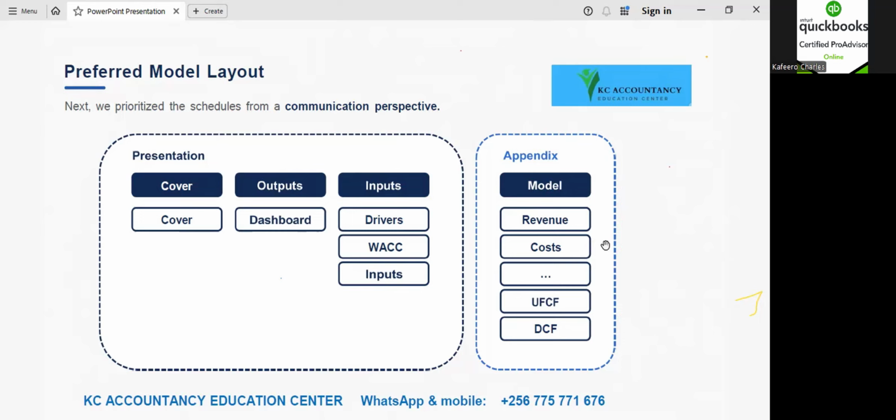So I hope now you can see how we've prioritized the things that we need to look at from the communication or presentation perspective to the audience.